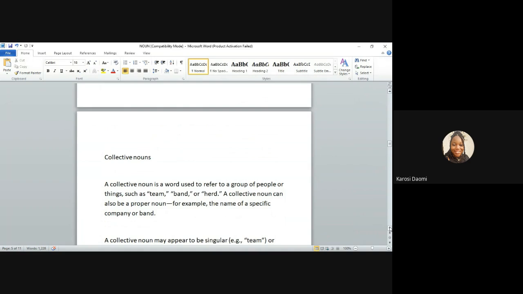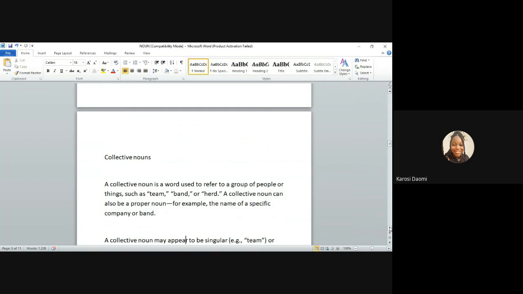So the football players went on, and the football players had a landslide victory in the just concluded match. So that's one way that I can use collective nouns rather than mentioning everybody's name on the team.